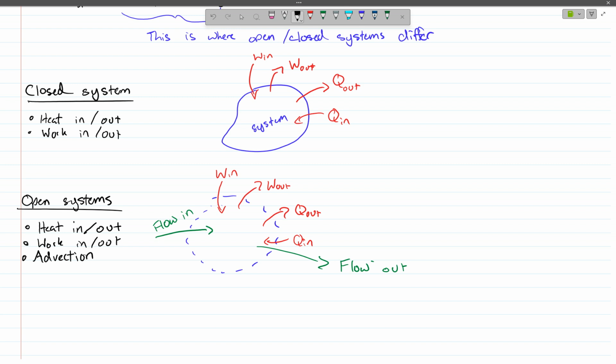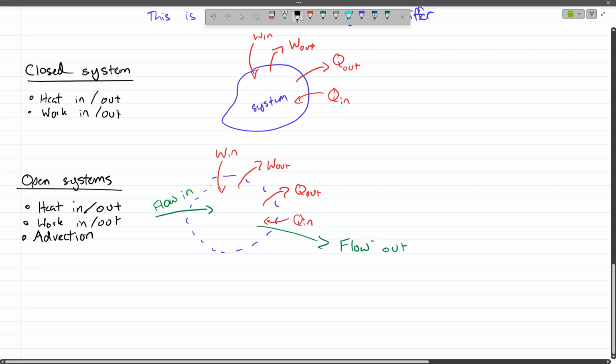You still have heat transfer in, maybe you still have some mechanical work being done as well, but that's something that cannot occur when you have a closed system. So I wanted to differentiate these because we need to understand that both types of system, however we carve it up, can experience work and heat transfer, but only open systems can have flow moving in and out and carrying energy across the boundaries with it.